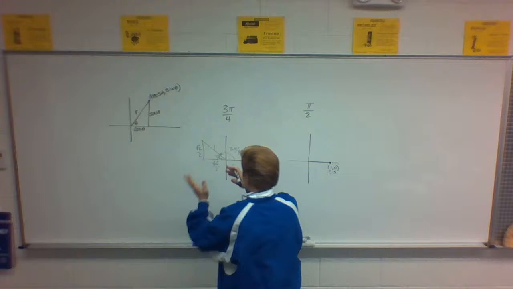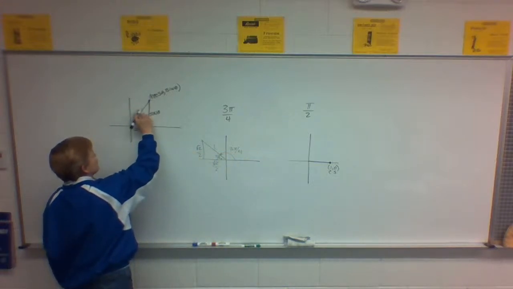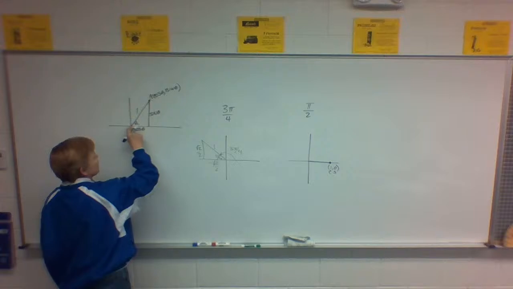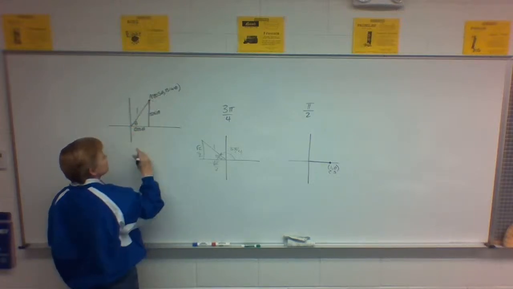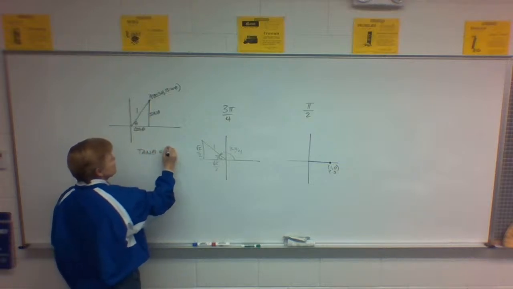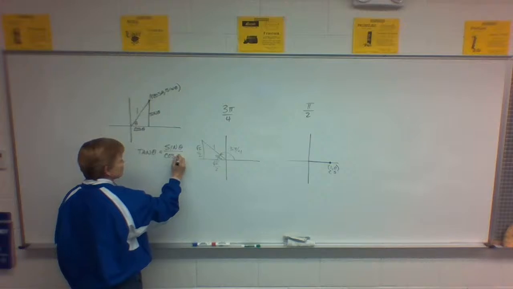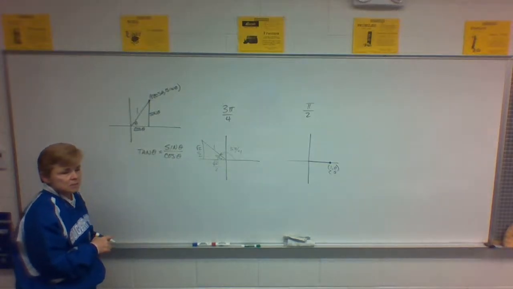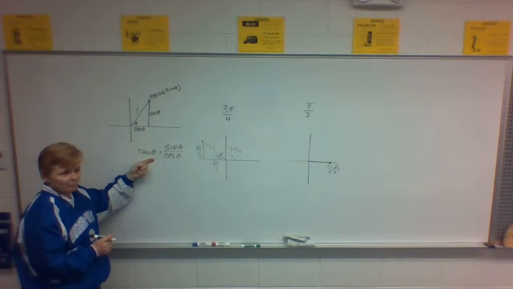One other thing I want to show you. I'm going to come back over here to this one. When this is 1, I'm going to go back to 1 for just a minute. If this length is the cosine and this length is the sine, then the tangent of that angle is sine over cosine. And that is what we call an identity. It's your first one. You're going to have about 28 of them.